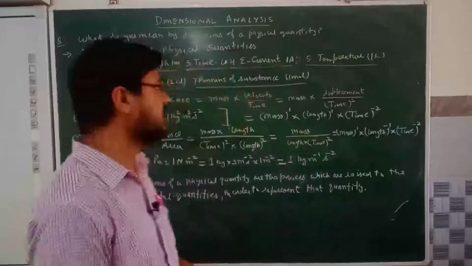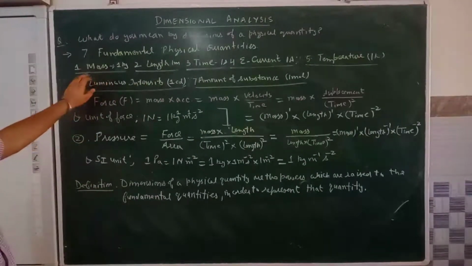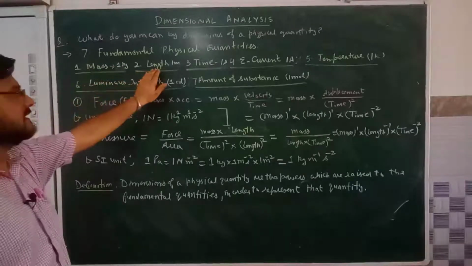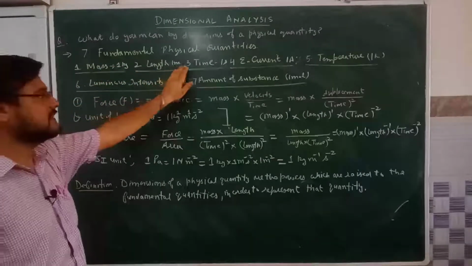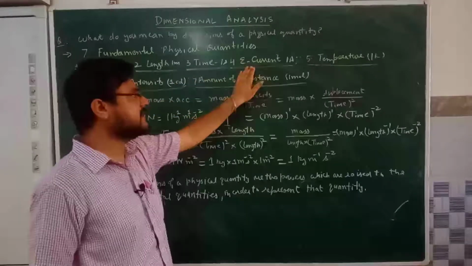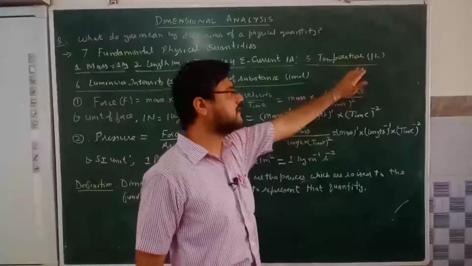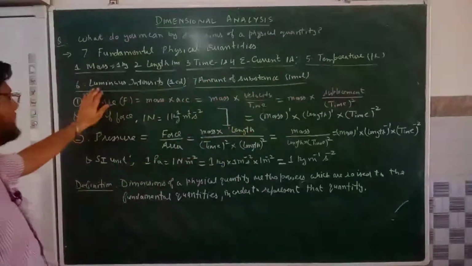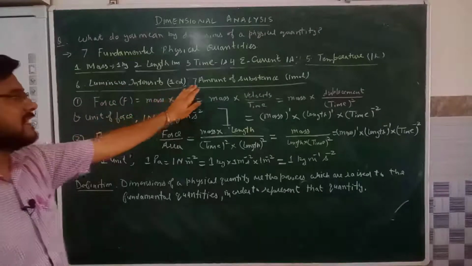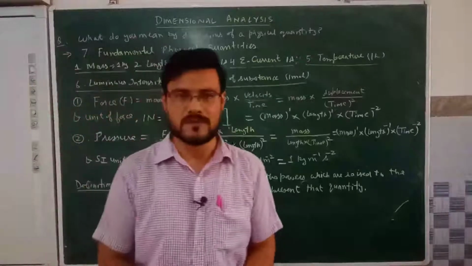For example, in the SI system, we have 7 fundamental physical quantities: mass with its SI unit 1 kg, length with SI unit 1 meter, time with SI unit 1 second, electric current with SI unit 1 ampere, temperature with SI unit 1 Kelvin, sixth, luminous intensity with SI unit 1 candela, and last, amount of substance with the SI unit 1 mole.